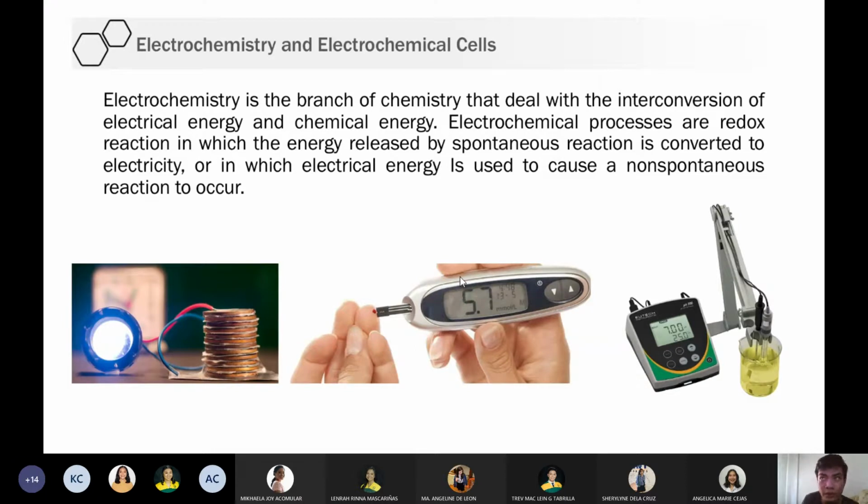Kasi currently, ang urinalysis ay spectrophotometric analysis. Didiscuss natin yung next semester.